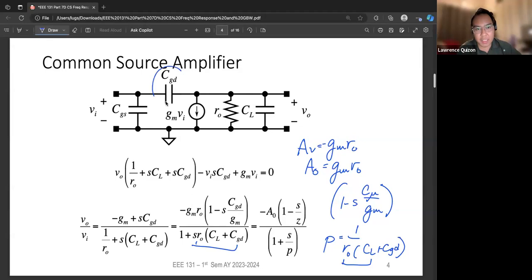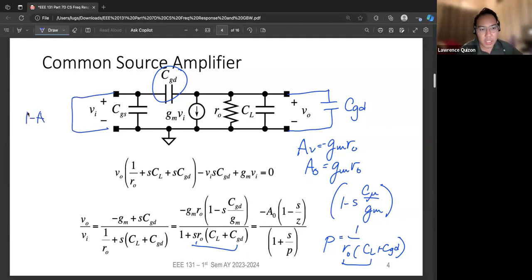But since we have this Miller cap, it basically is equivalent, reiterating our lesson last week, to putting a CGD here with the 1 minus gain factor. That's what the Miller effect is, right?